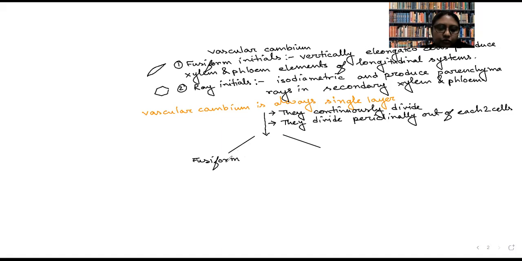Okay. So fusiform initials will divide tangentially, and two types of cells will be produced. One type of cell is produced towards the inner side.